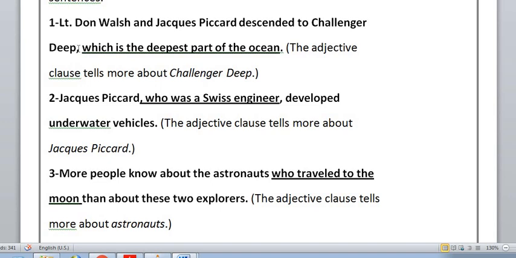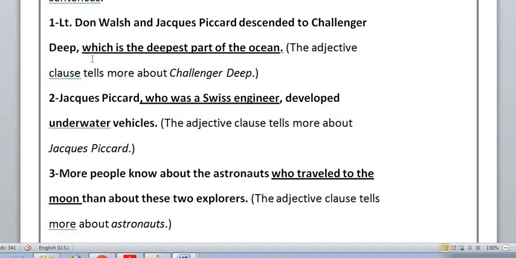Does it affect the sentence deeply? Does it change the meaning of the sentence? No. If I read it like this, Lieutenant Don Walsh and Jack Picard descended to Challenger Deep. It is finished, understood. But this adjective clause describes Challenger Deep. All right, it gives some information about it.